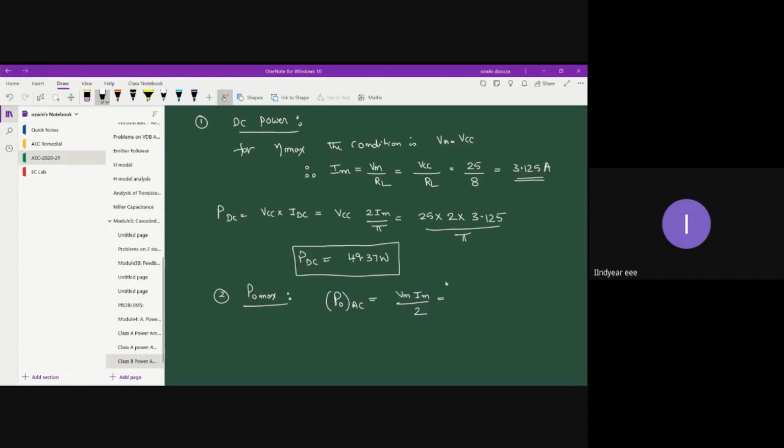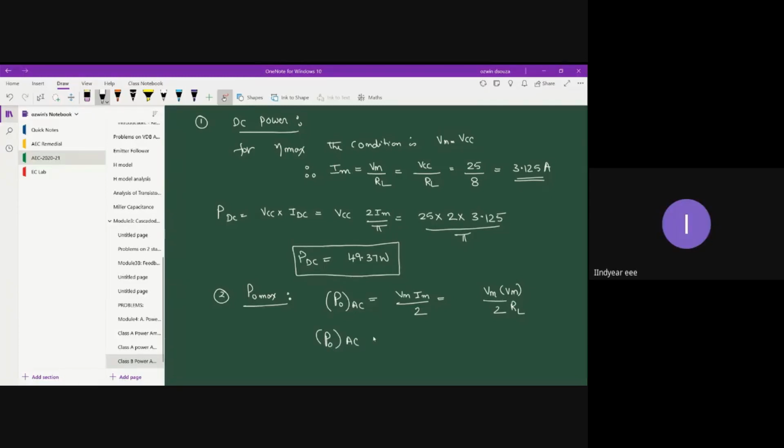You can also write down the value of Im, but we want to find out the maximum value of power output, right? So let us convert this equation into kind of voltage way. So you can write it something like Vm divided by 2, and Im can be written as Vm by R, right?